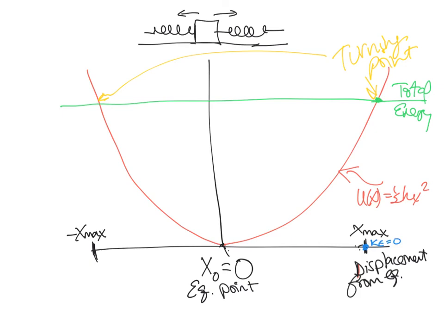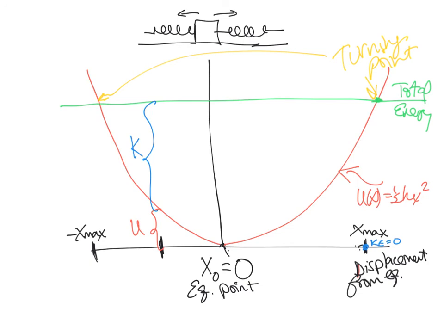And if we took a random position right here, then our potential energy is that, and so our kinetic energy will be that, because they have to add up. And again, this is still the same idea when you're thinking of the slope as the force.